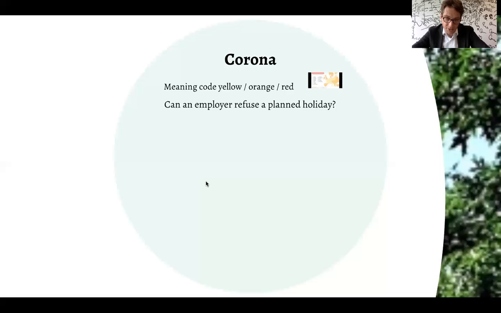So looking at red countries, also no ground for refusal, but at the same time, a situation like this is not likely to happen, right? I don't think there's any employee coming up with a request to travel to a country that is labeled as code red, set aside whether he can even practically arrange a travel to a red country.